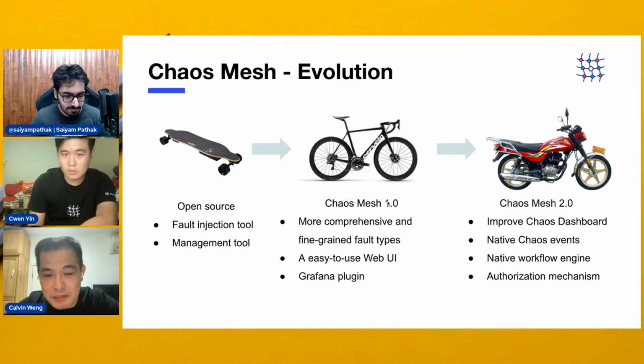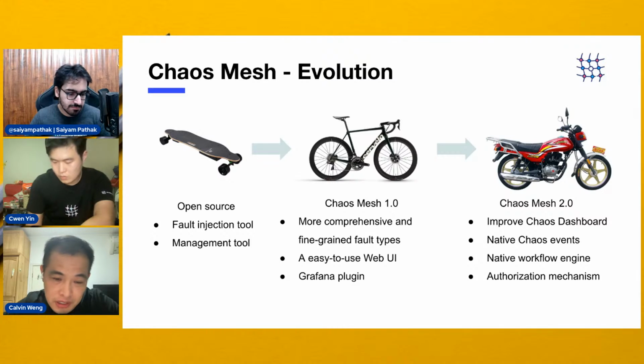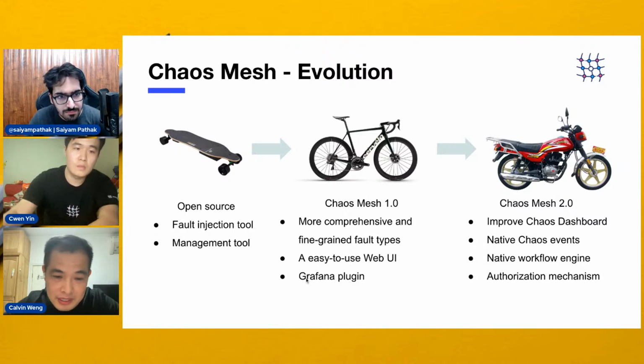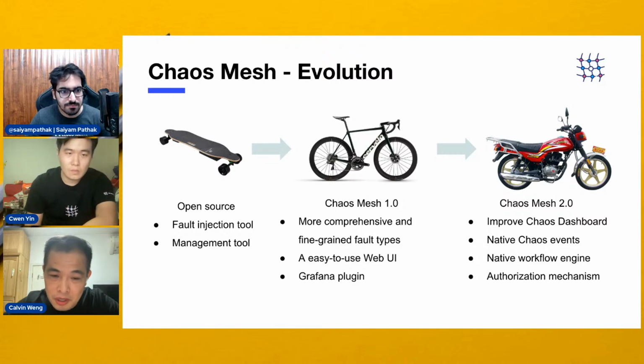And then for Chaos Mesh 1.0, we got more comprehensive and fine-grained fault types, and we got Chaos Dashboard, the first version, which is a very easy to use web UI for users to orchestrate chaos experiments. And we got the Grafana plugin to help users watch real-time chaos results.